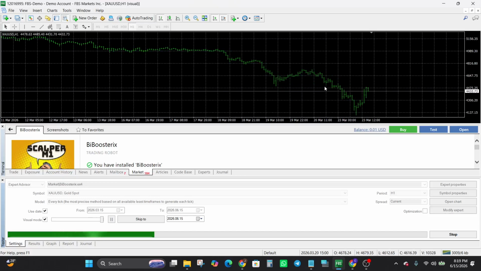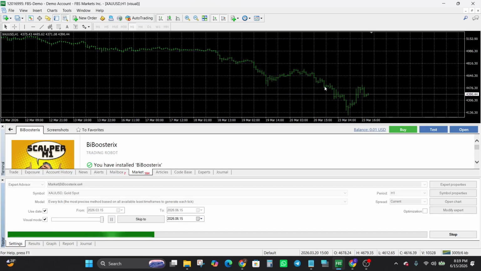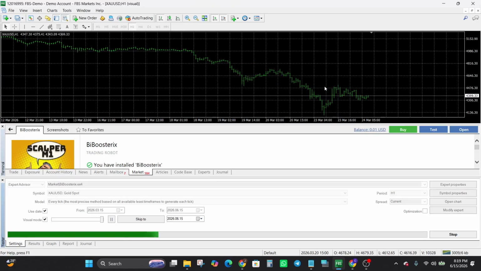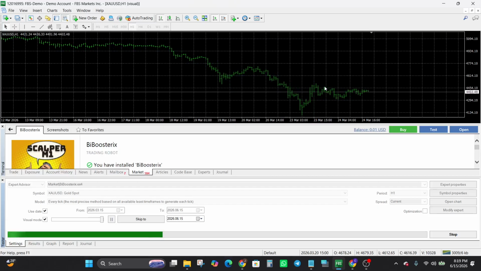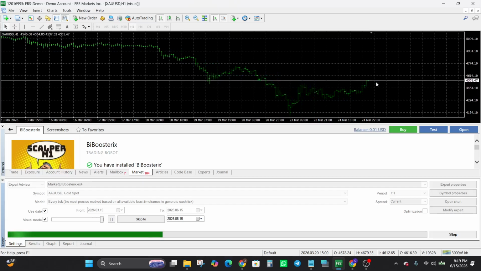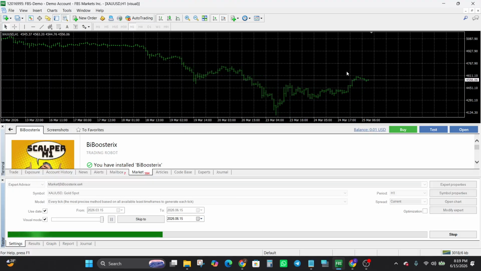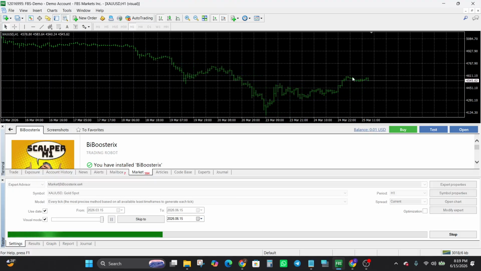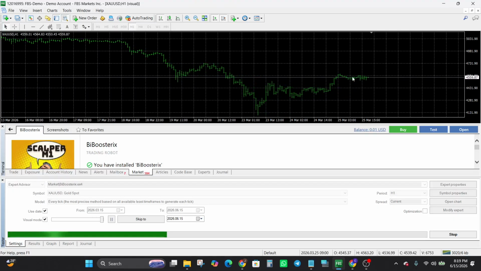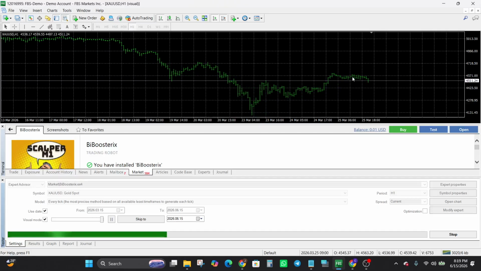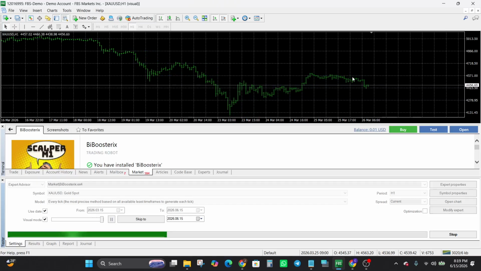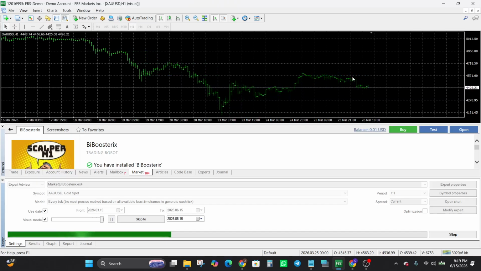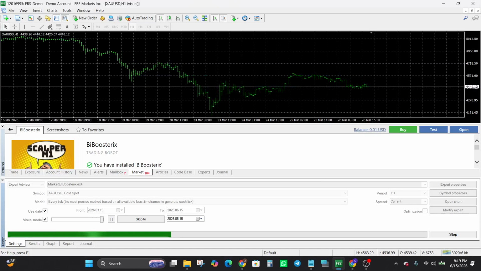All right, actual performance can vary depending on risk settings, lot size configuration, broker execution quality, spreads, slippage, market conditions, and any optimization performed by the user. So if you are really interested in making use of this EA, I would recommend you test it on the particular currency pair or currency pairs that you intend to use the expert advisor on.